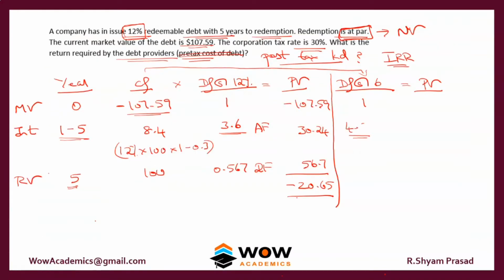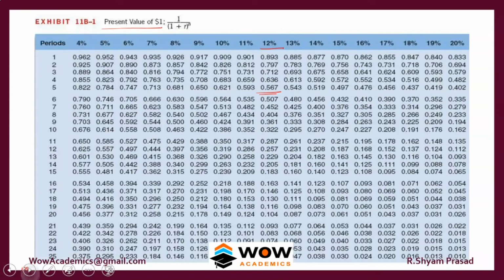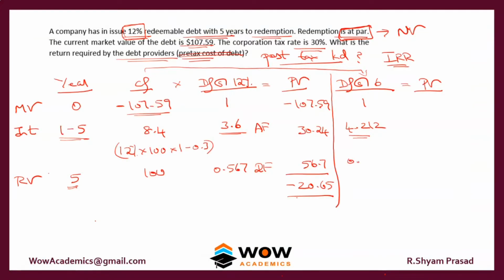We look at the discount factor again at 6% for 5 years, and it comes to 0.747. So we'll multiply the numbers. The first number is 107.59.